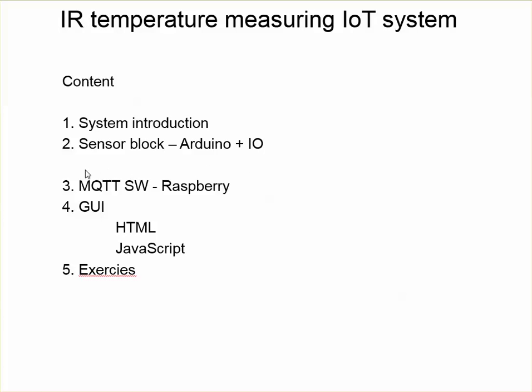The third section is the MQTT side, which is running on the Raspberry Pi, and the fourth part is the graphical user interface, which is based on HTML and JavaScript. And in the last part of this section there are exercises that you could go through by yourself or with your team.